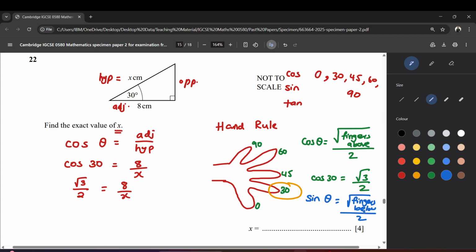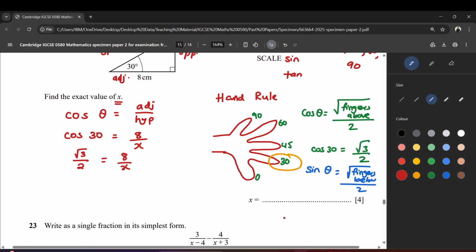So therefore sine 30 is 1 upon 2. Got it? Now how can you find tan theta? For tan theta, this will be root of fingers below divided by root of fingers above.